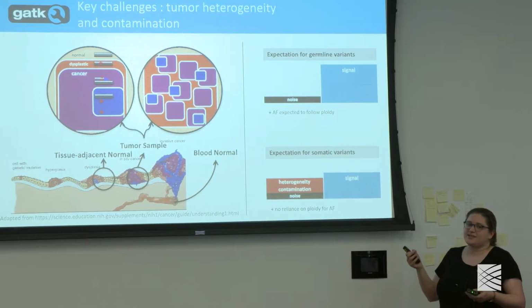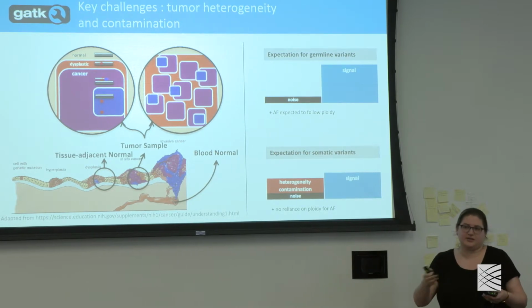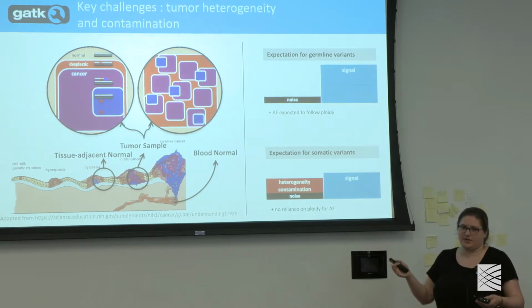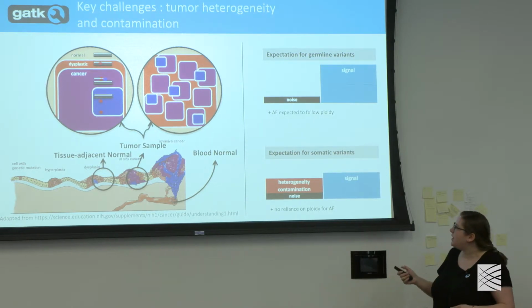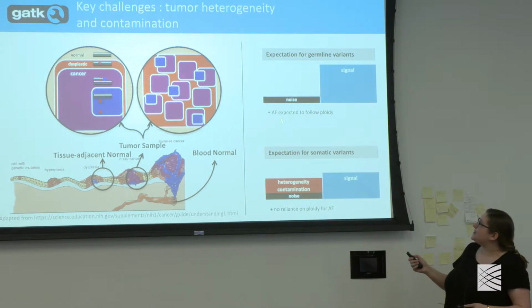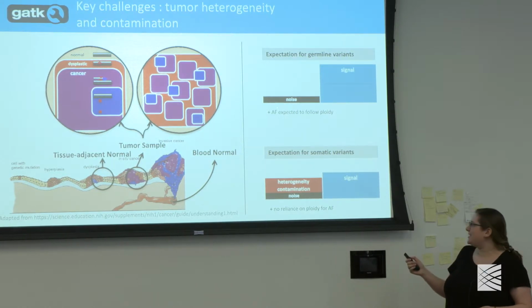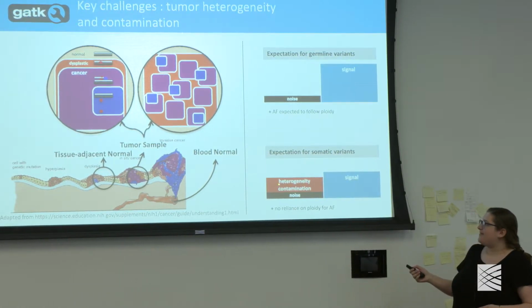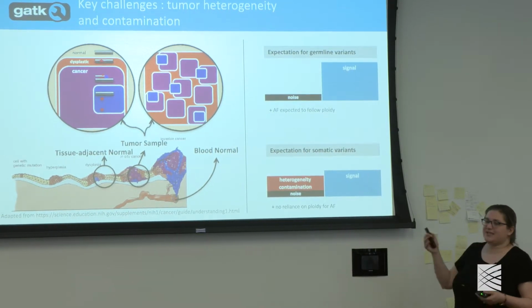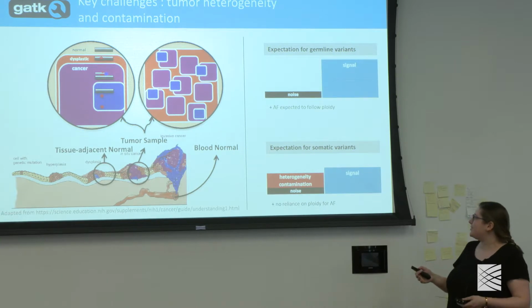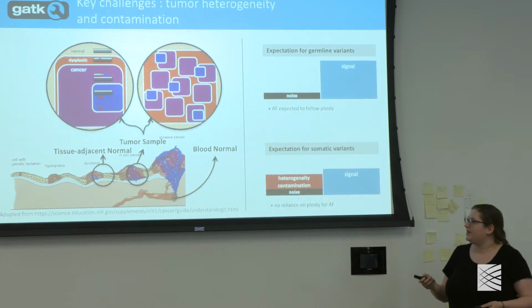And so then you'd again expect low allele fractions to come into play because you have many different populations all mixed together in the bulk sample that you've sequenced. So our expectations on the germline side were that we have this beautiful signal and not very much noise. Now we have heterogeneity of the tumor sample. There are multiple subpopulations. We have contamination. We still have the sequencing noise, and our signal is a little bit lower.